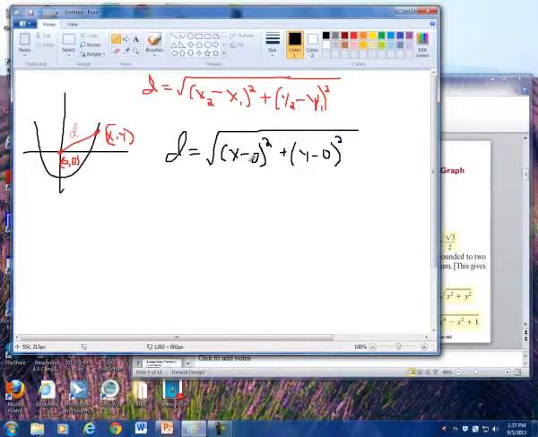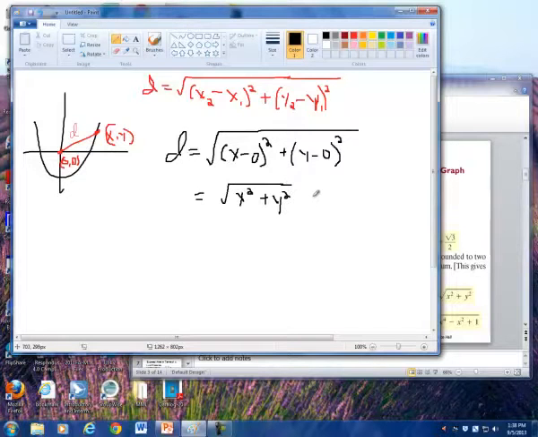Well, anything minus 0 is that same number, so this would be x minus 0. That's just going to be x, and since it's squared, it'll be x squared. And this is y minus 0, that's just y, and that'll be squared, so that's x squared plus y squared.